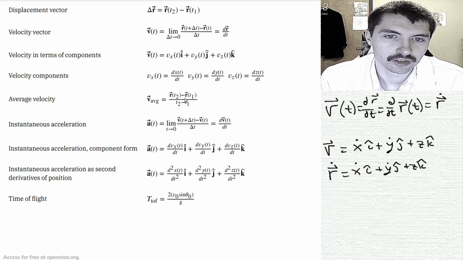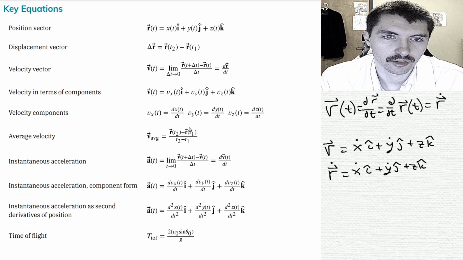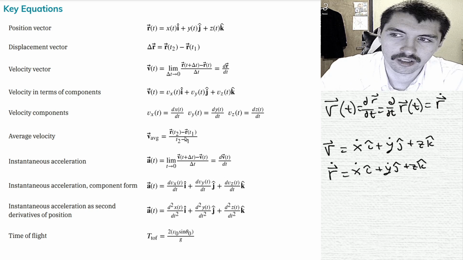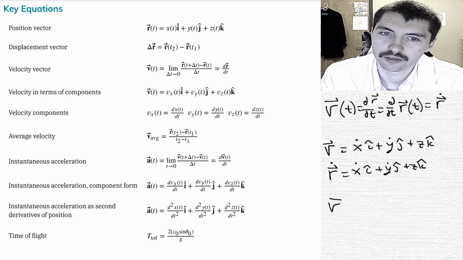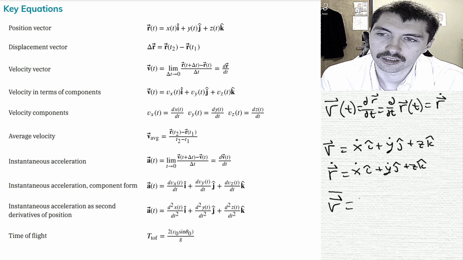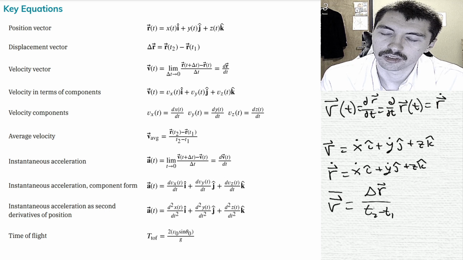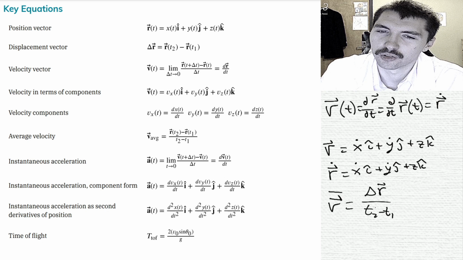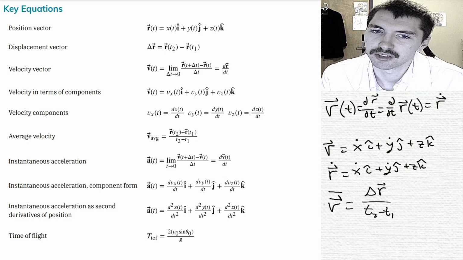V average. So displacement and average are kind of related. Again, you could just write V average as delta R. You could shorten these, and I wish the author would shorten them as much as possible.